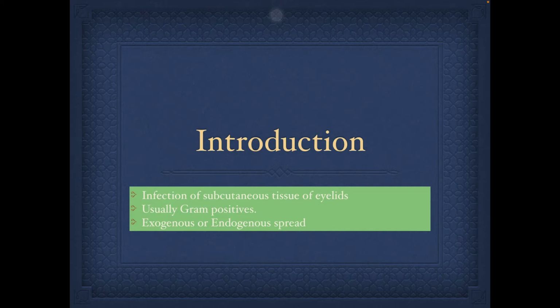Endogenous can be through surrounding infections like sinusitis of the paranasal sinuses, dacryocystitis, or a sty on the eyelid margin. Endogenous can also, although rarely, be hematogenous, that is, an infection distant away can spread into the subcutaneous tissue of the eye.